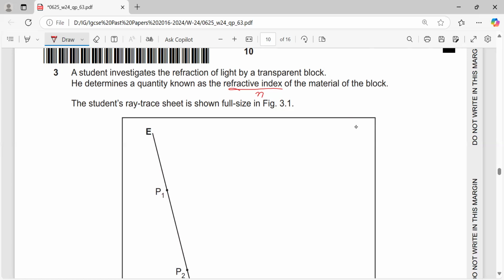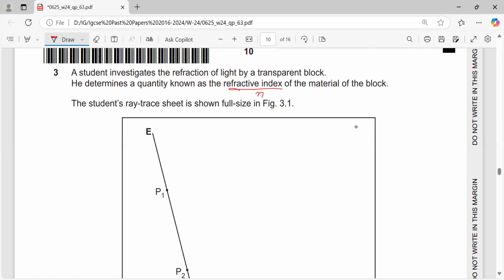Either it is a ratio between two speeds, or the ratio between two sine angles, or even the ratio between two lengths. So it has no unit. I think only two quantities in IGCSE physics are without any unit. One is refractive index, and the other is magnification, which is also related to block 3, physics of waves.